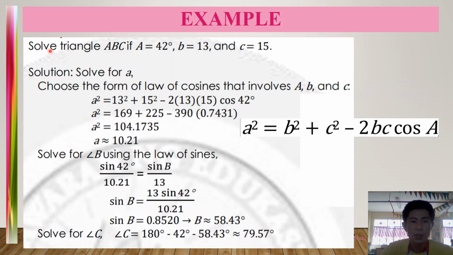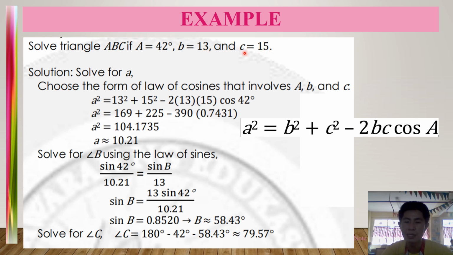Ayan. So, for example number 1, we have to solve triangle ABC if angle A is equal to 42 degrees. Again, if this is a capital letter, it represents angles, and small letters are for sides. Okay, so we have triangle ABC and the degree measure of angle A is 42 degrees. The length of side b, which is opposite angle B, is 13 units. And then side c, 15 units.